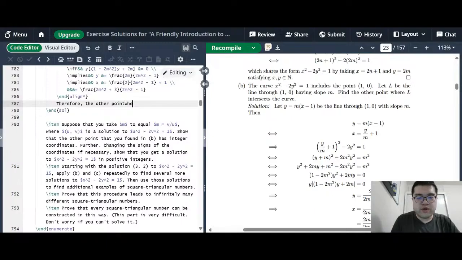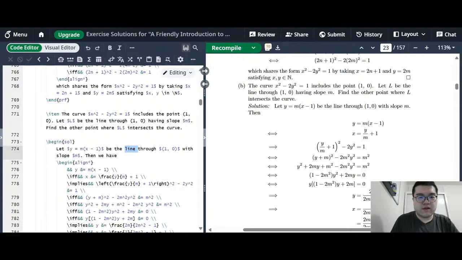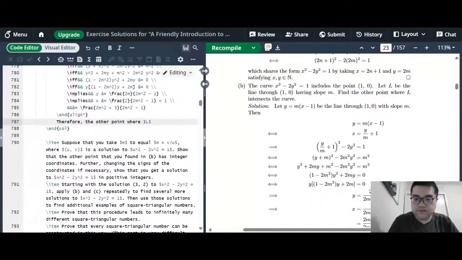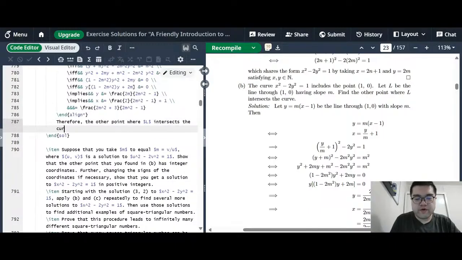The other point where line L intersects the curve. They usually call it L or C, whatever, but they didn't label it. Who cares? We already know what the curve is.